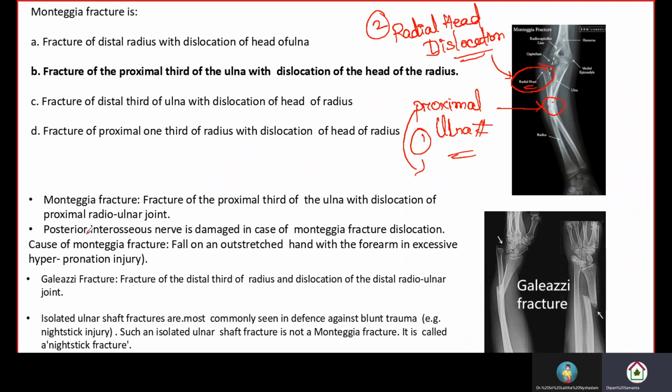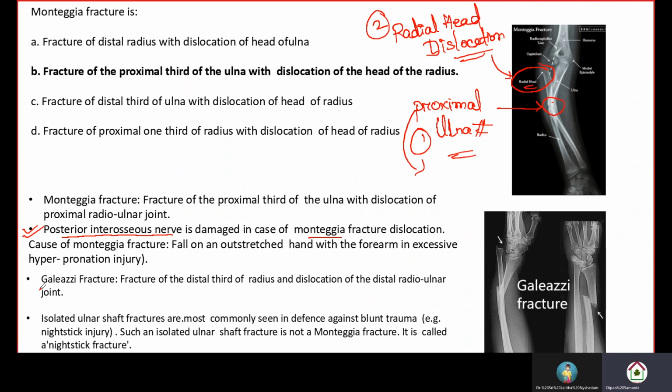Okay, which nerve is affected? The posterior interosseous nerve is damaged in Monteggia. This is another very important MCQ. You must know which nerves are affected in the respective major fractures.